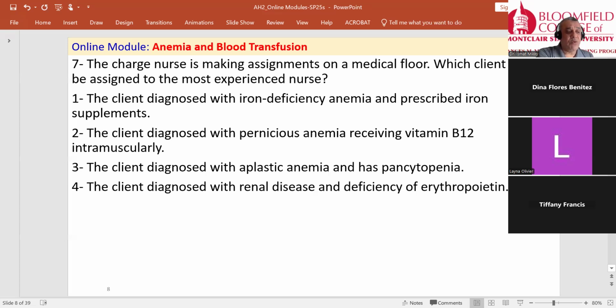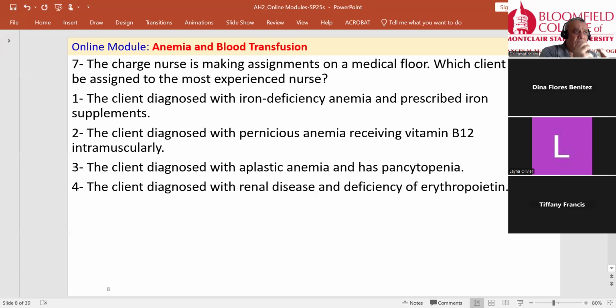This patient is at risk for not just anemia, but beyond it. The patient is severely anemic, extremely tired and fatigued, and at risk for infections because of the low white blood cells.